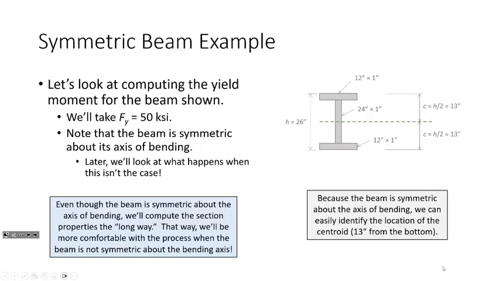You could definitely streamline and shorten your calculations because the beam is symmetric. And that's 100% correct. But I'm going to show you a systematic means of computing the moment of inertia for this beam, because you can use that for beams that aren't symmetric. So we're going to do this problem the long way, but if we do it the long way, I think you'll be more comfortable with the process when you can't use a more abridged version.